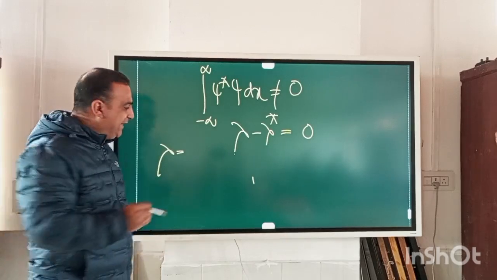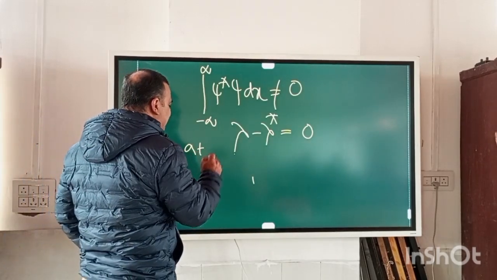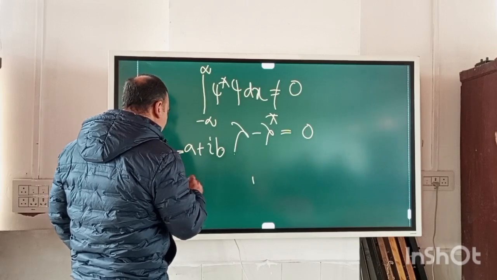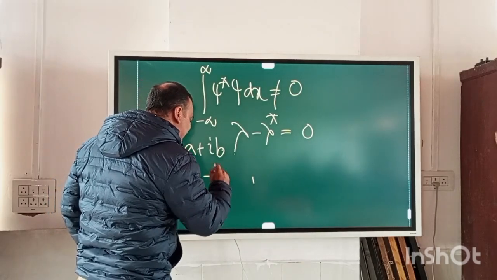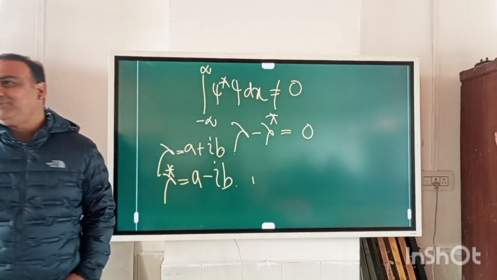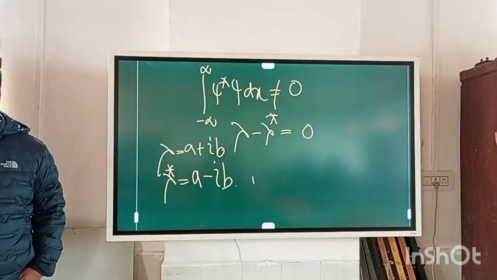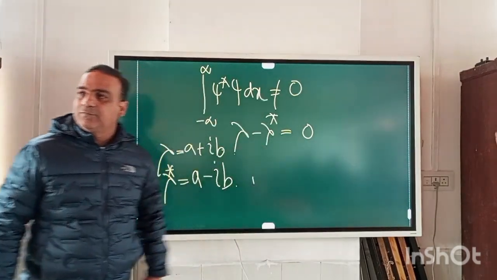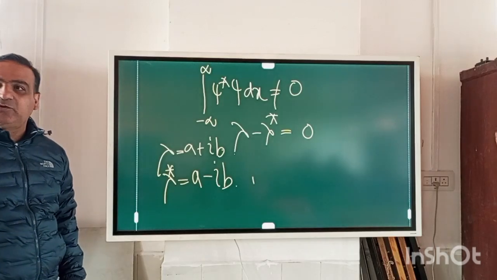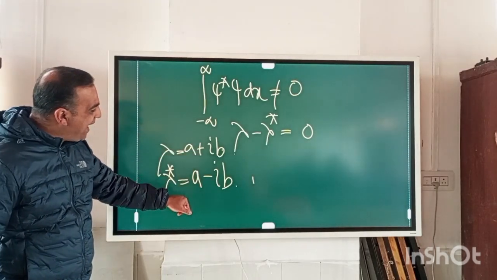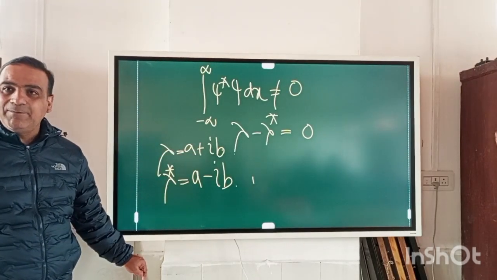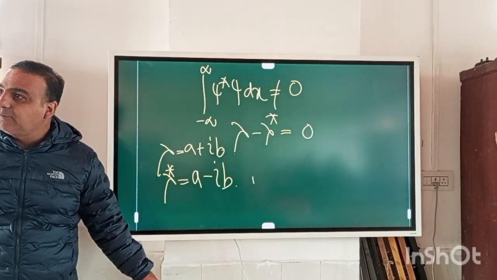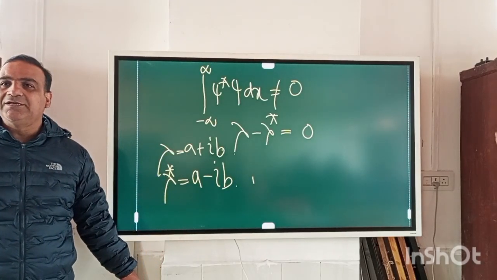Suppose lambda is, say, a plus i b. What will be lambda star? A minus i b. Right? Their subtraction has to be equal to 0. So if their subtraction has to be equal to 0, what does that mean? That means you will get only a real number. Isn't it?